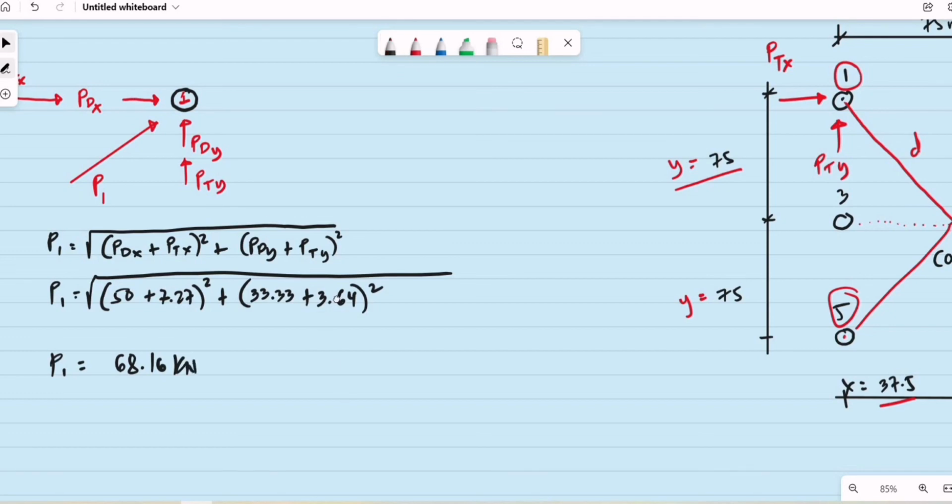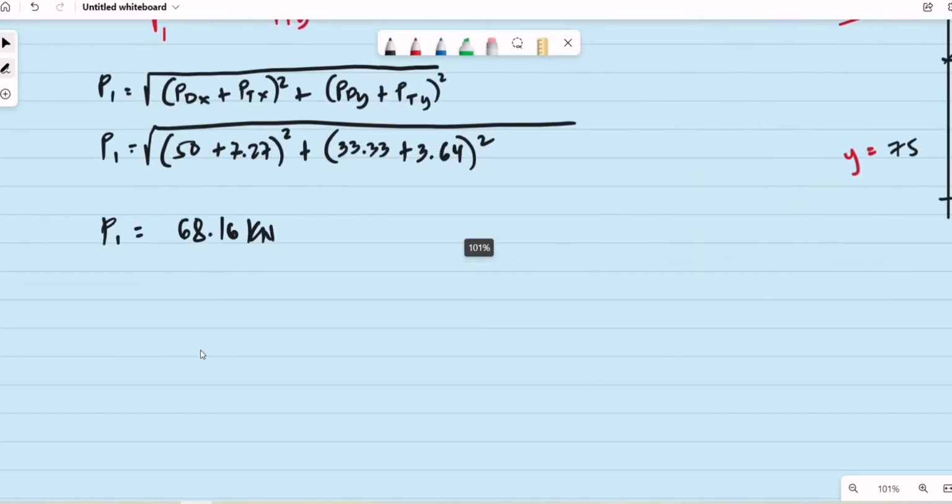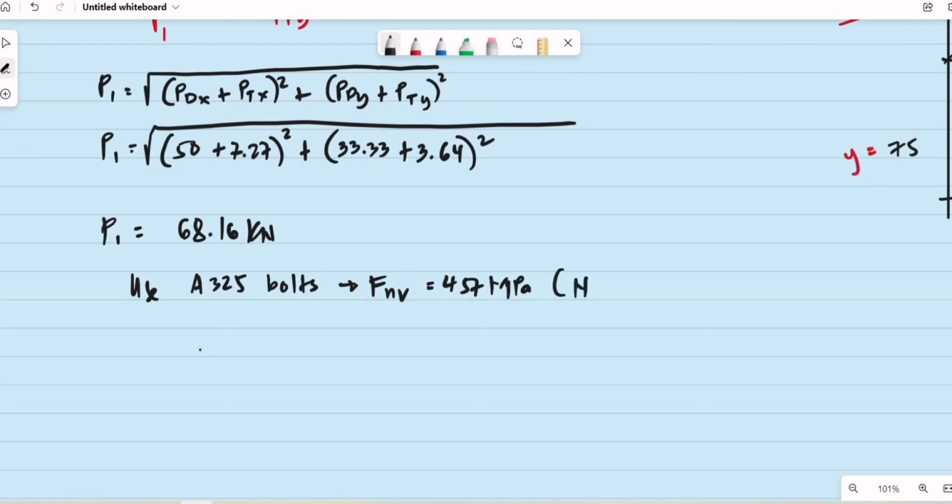Now if you are to compute for the required diameter, let's say we are to use A325 bolts. For A325 bolts, the shear capacity F sub NB is equal to 457 megapascals. This value is from our NSCP 2015.